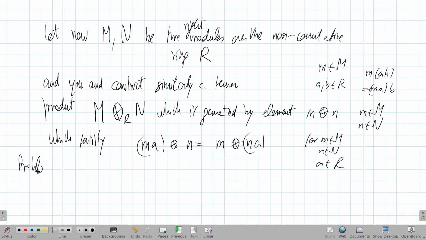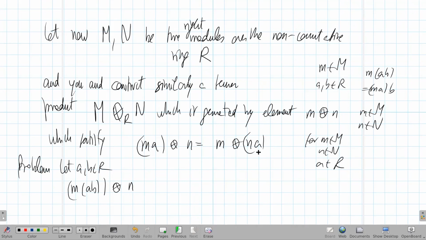And what's this problem? Well, you'll see in a second. The problem is the following. Let a, b be in R, m and n being, as the name suggests, in the two modules. And then consider what happens when you have m(ab) tensor n.